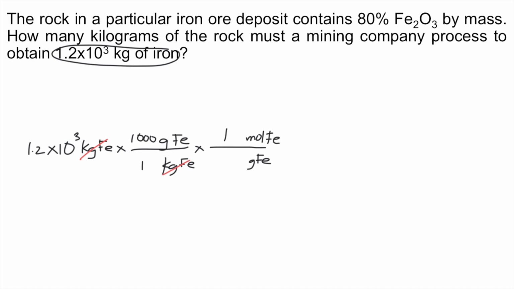And 1 mole of Fe, the molar mass of Fe is 55.85 grams per mole. So 55.85 grams in 1 mole of Fe. So the grams of Fe would cancel out. Now you have moles of Fe.